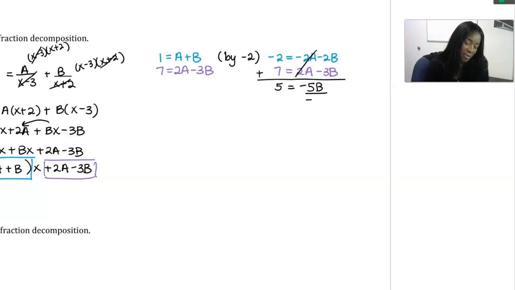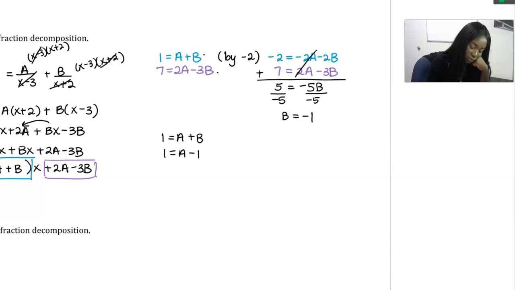Now we can divide both sides of this equation by negative 5 to see that b is equal to negative 1. Now that we know that b is equal to negative 1, we can choose either of these equations to plug that into to solve for a. I'm going to choose to use the first equation, which is 1 is equal to a plus b, but I now know that b is negative 1. So now I'm just going to add 1 to both sides of this equation to see that a is equal to 2.